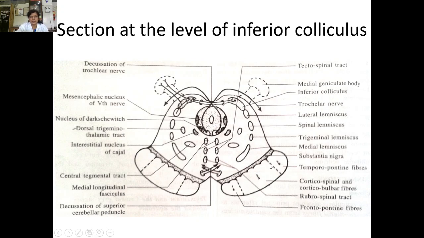Below, the crus cerebri continues with the basilar part of the pons, and it consists of various descending fibers from the internal capsule. The middle 3/5 of the crus cerebri consists of corticospinal and corticobulbar fibers.